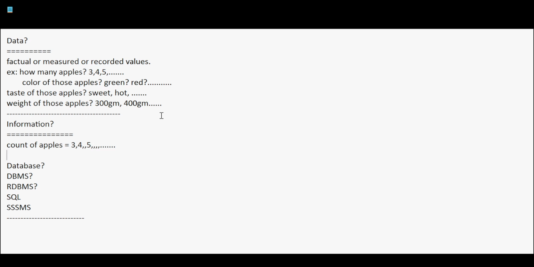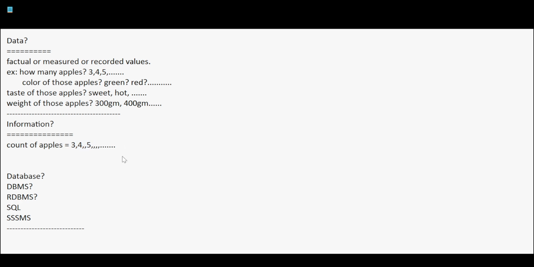If you assign these data to any particular variable, that conveys the information, right? Count of apples is 3, 4, 5. You come to know how many apples are there. This could be information, right? But other than that, just 3, 4 or 5, it's not information, it's just data.